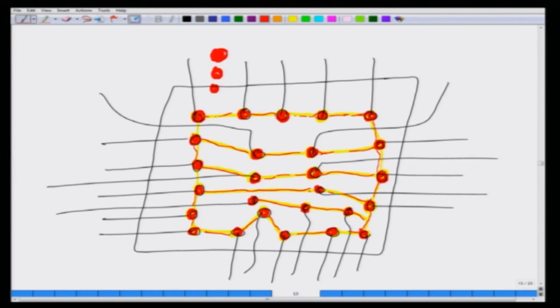Once they are forming the network, you can give an external stimulation for network formation, and you can register the electrodes.